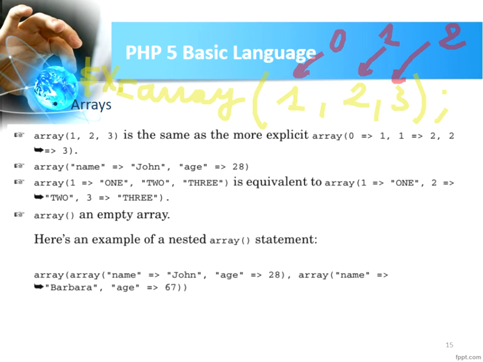So writing array(1, 2, 3) is equivalent to writing array(0 => 1, 1 => 2, 2 => 3). So here 0 is the index to access the value, and 1, 2, 3 are the values. Yes, it is clear.